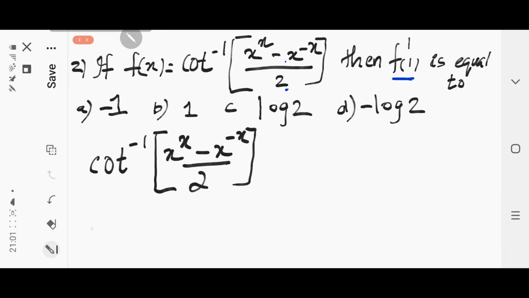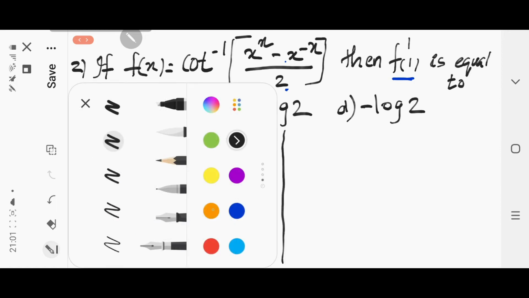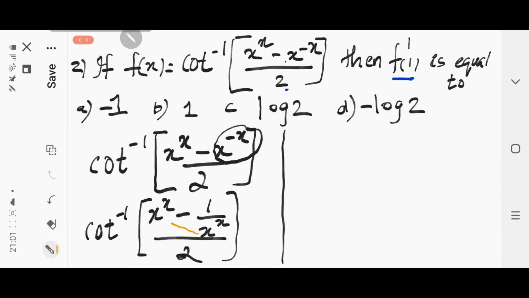And then going to the next step, again cot inverse of, this can be written as x raised to x minus, this x raised to minus x can be written as 1 by x raised to x, right? The whole divided by 2. Is it clear? Yes. Then what to do then? See, take the LCM, you know, it is divided by 1.